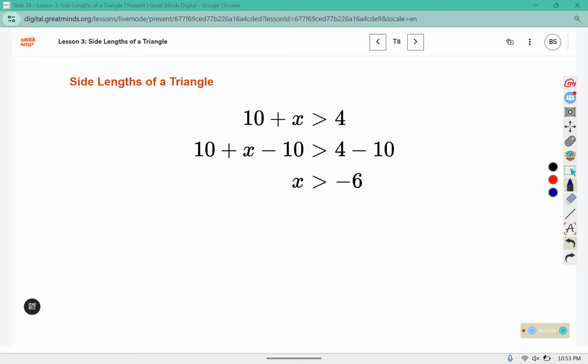Then this is the case where 4 would be the longest, but it doesn't make sense for a side length to be a negative value. So it wouldn't make sense for 4 to be the longest because 10 is longer than 4.